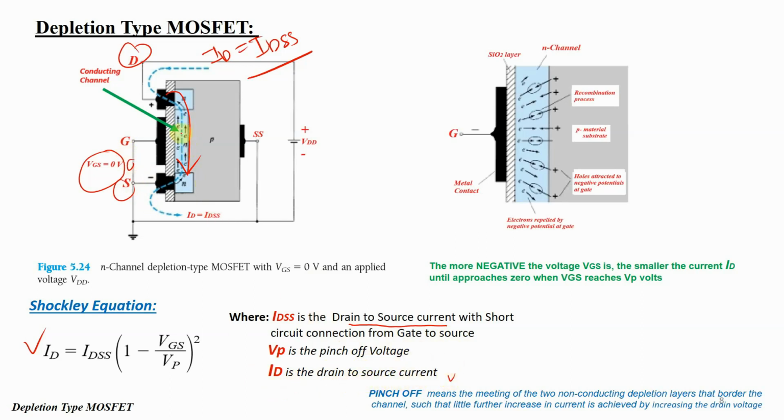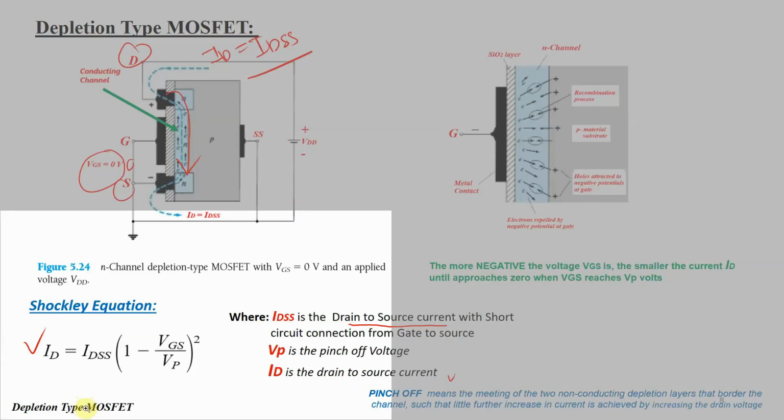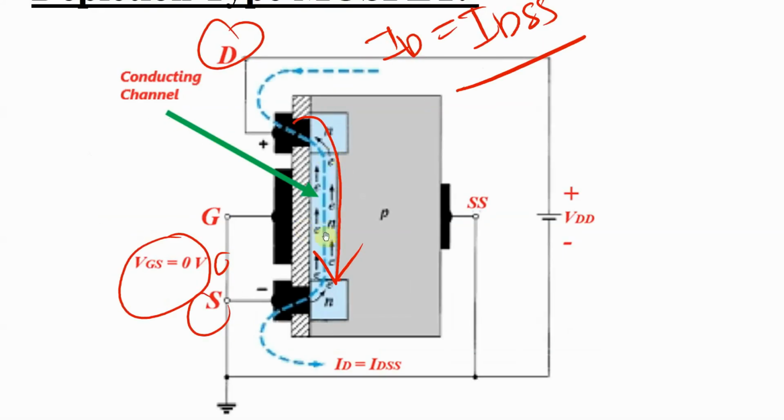Pinch off voltage is the point where there is a depletion region on this area. Let me discuss this one here. Pinch off. So when you increase VDD, VGS will be more negative with respect to the drain.